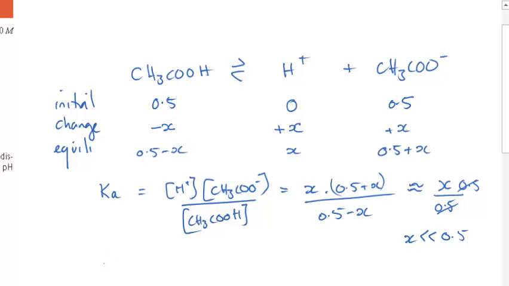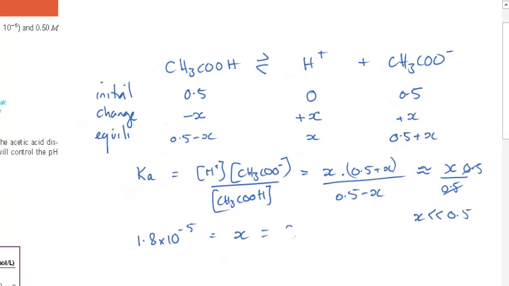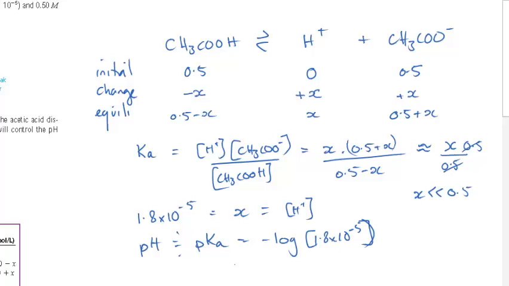And remembering that our Ka here was 1.8 times 10 to the minus 5, that is basically X. That means that is our H+ concentration, so the pH of the solution is really the same as our pKa in this case, or approximately. That means it's minus log of 1.8 times 10 to the minus 5, which is 4.74.